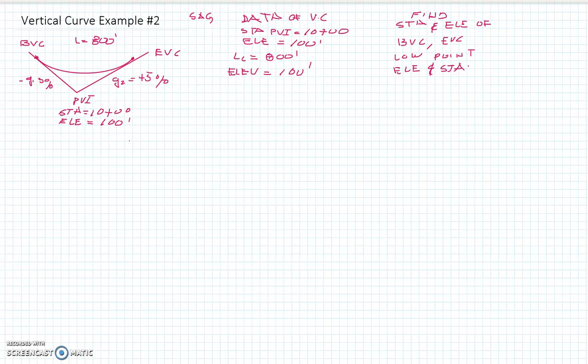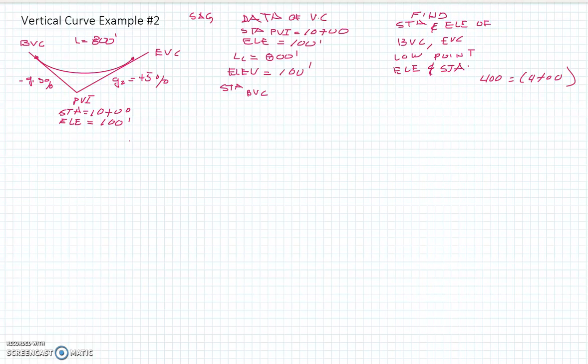So the first thing that I have to find is the station of the beginning of my vertical curve. Again, I divide the length of the curve, 800, by 2, which is 400, and that is 4 stations. So 400 will be equal to 4 plus 00.